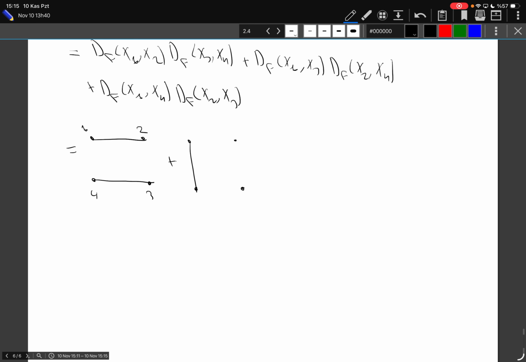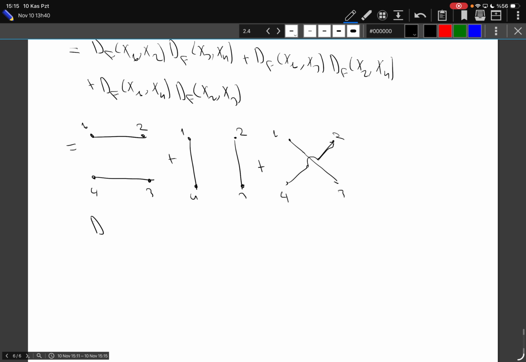There is this one, and there's this diagram. Each one of these lines connecting any 2 dots is just a Feynman propagator.